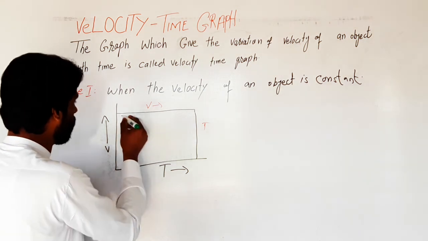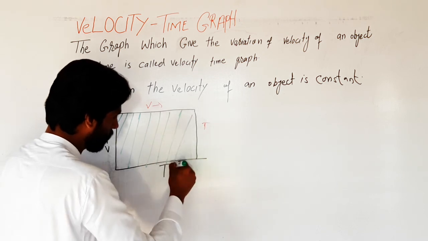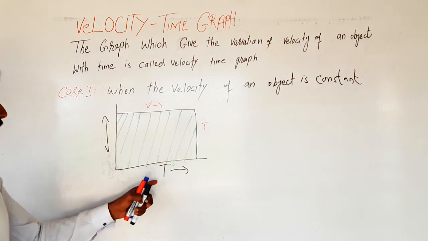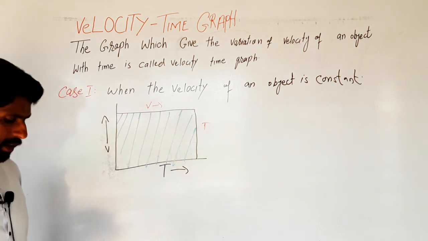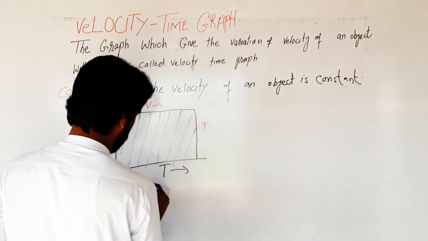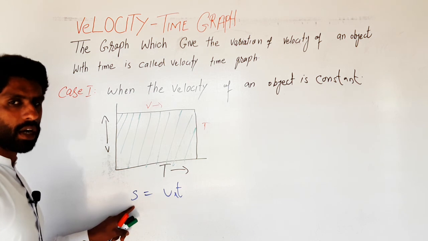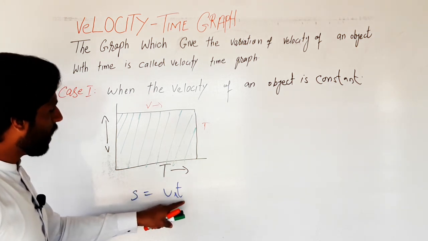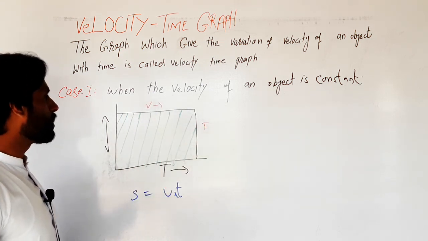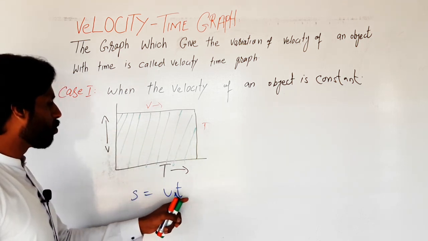This shaded area denotes the distance covered by a body in a given time, and according to the equation S is equal to Vt, where S is the distance covered, V is the velocity, and T is the time. In this condition there is no variation in velocity with respect to time; this is a constant type of velocity. Then S is equal to Vt.